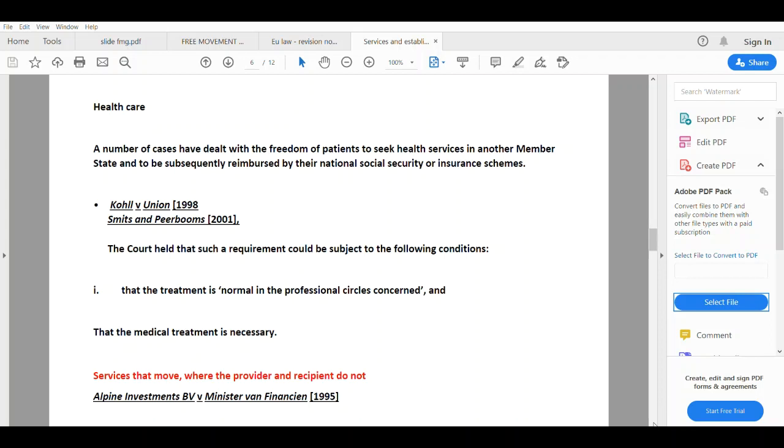For this type of cases, the question before the court is whether the recipient of the service can claim reimbursement from the social security after receiving healthcare treatment from another member state within the European Union.